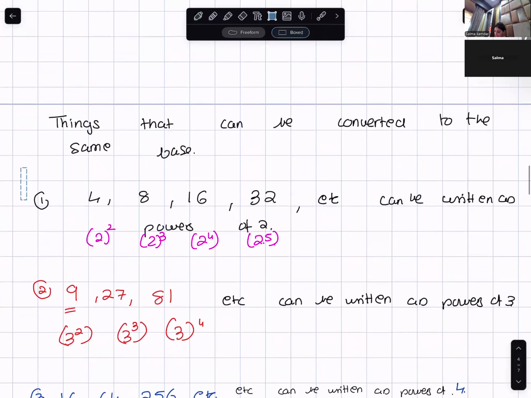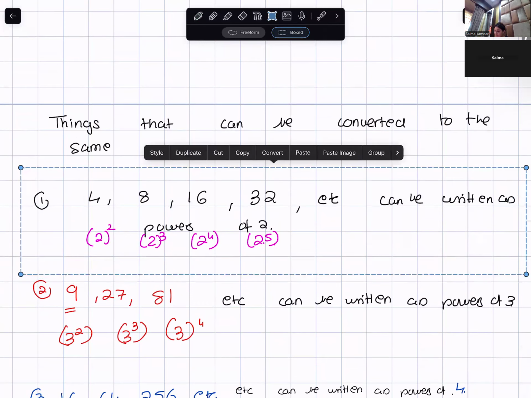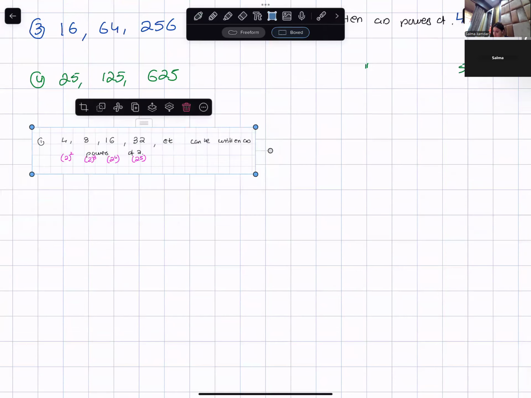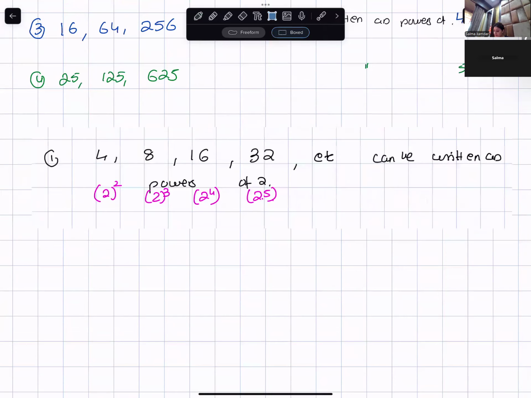Let's take the first one and try to see some examples where we can change the base. Please remember, you can apply laws of indices only when you have the same base. So you need to change the base. Say you have 8 raised to 4. You want to use the law of indices. So 8 is actually nothing but 2 to the power 3.